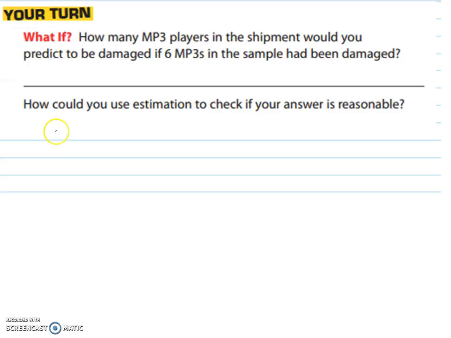Well, we have 6 damaged or 6 defective out of a total of 50. And we want to know how many are damaged or defective out of the original total, which was 3,500.